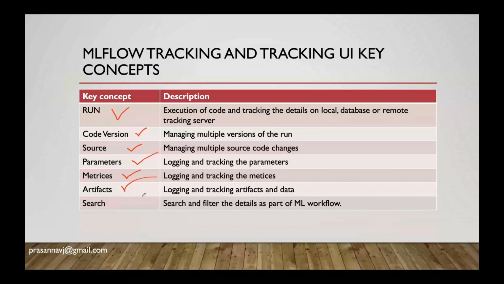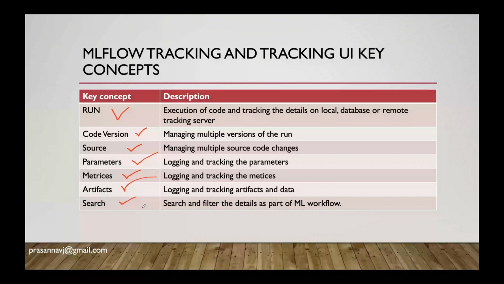All these are artifacts as part of your development. All these are tracked, and you should have an option of searching for them in a very effective way. If anything goes wrong, I should be able to go back and identify the details effectively. So these are some of the concepts. We will see each and every one of them as part of the demo.